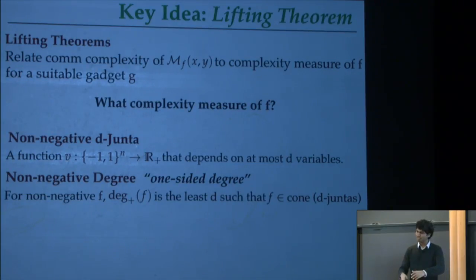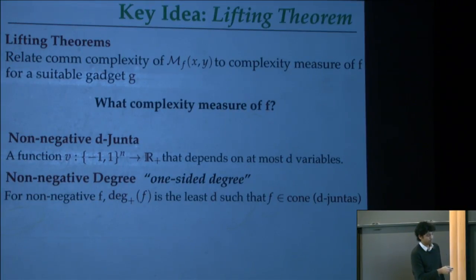I can always make the monomials non-negative by, for example, choosing conjunctions as my monomials. So the only difference here is that now I am allowing you to only take non-negative combinations. This is reasonable to ask because my function f is non-negative, so it's not like I have to produce negative values anywhere. I'm asking what's the best representation of f as a non-negative linear combination of non-negative d-juntas.